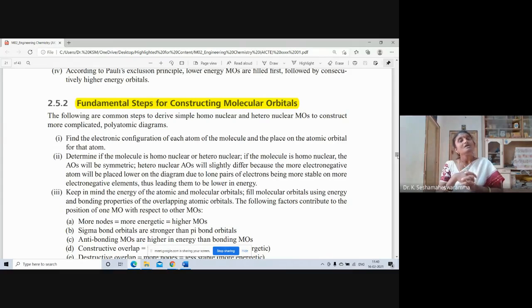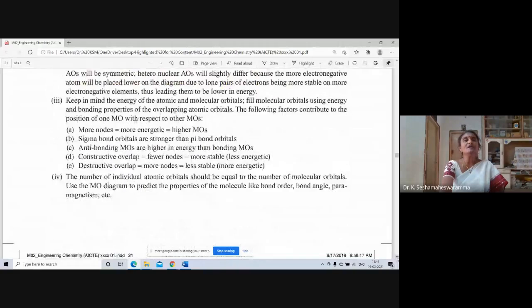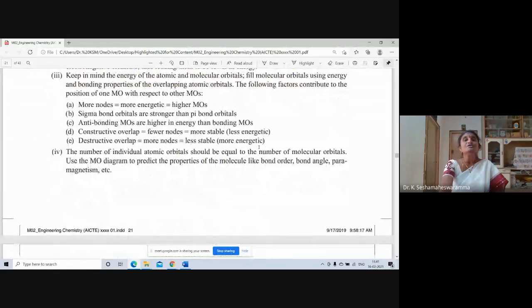Keeping in mind the energy of the atomic and then molecular orbitals, fill the molecular orbitals using the energy and bonding properties of the overlapping atomic orbitals. You have to consider the positions of the molecular orbitals: the more nodes there are, the more energetic, the higher the molecular orbitals. Sigma bond orbitals are stronger than pi bond orbitals.